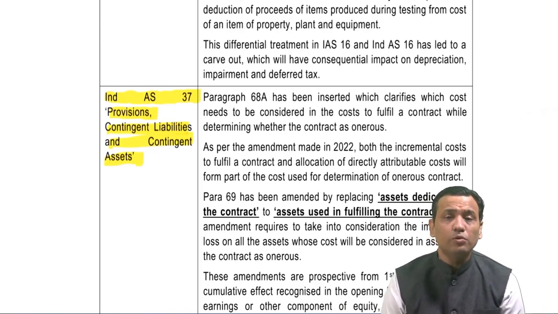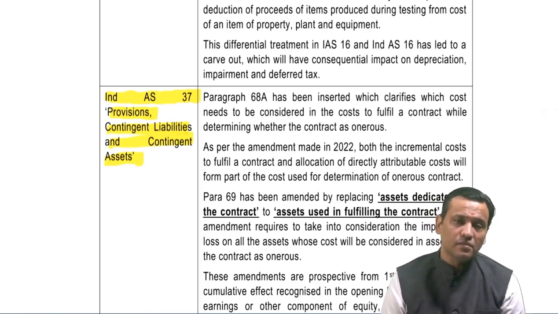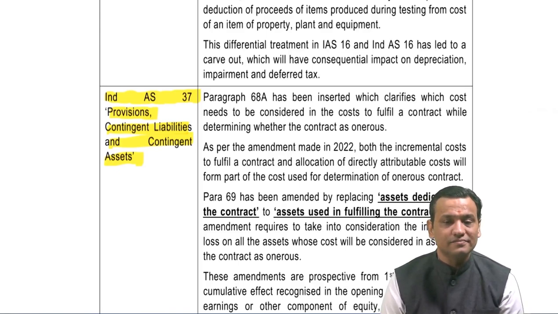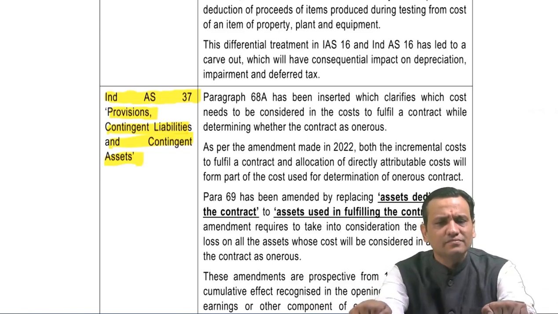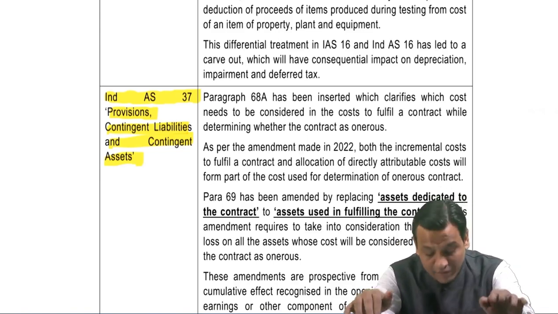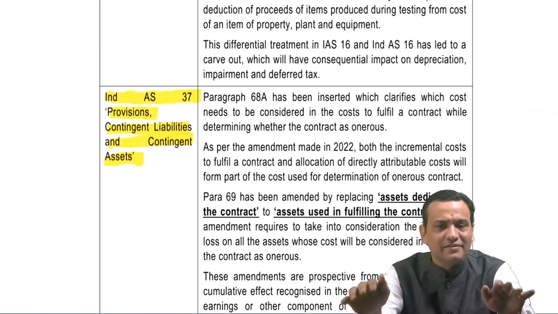But while creating provision, friends, what costs are to be considered? All those incremental costs that are required to fulfill the contract will be considered. This is what we had.